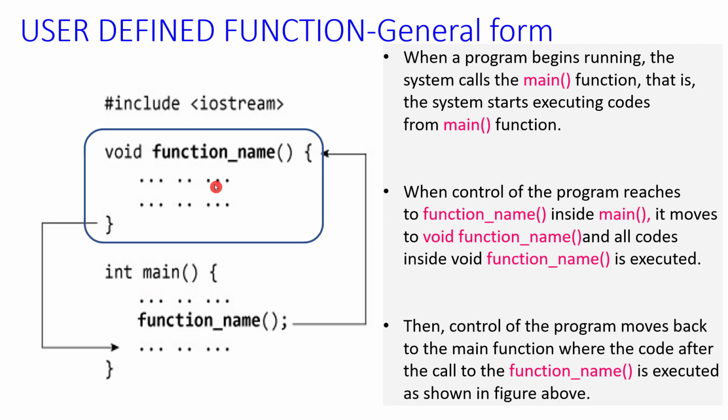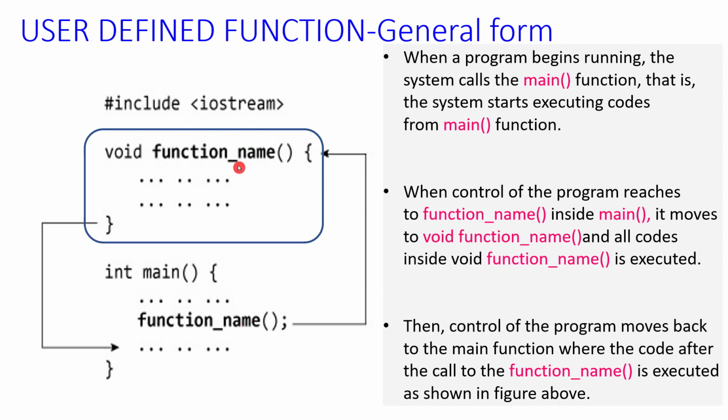Suppose this program is given to the compiler. After reading the include iostream and namespace std, the control will come to integer main. It will start executing. Then the function name is there, so it will jump to this function.